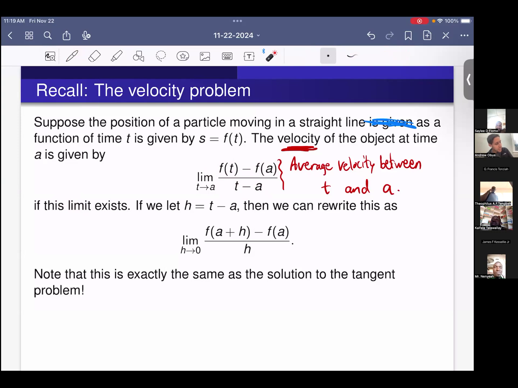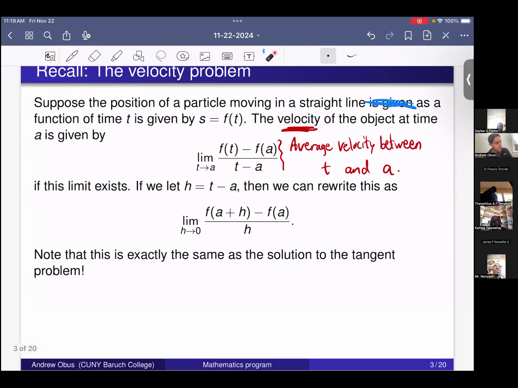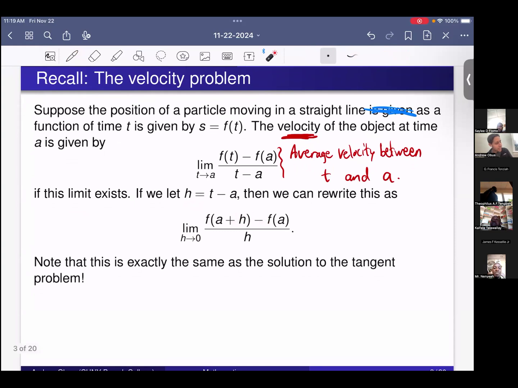So if this limit exists, we can do the same change of variables: if you let h be t minus a, then you can rewrite this as the limit as h goes to 0 of f of a plus h minus f of a over h. And we observe that this is exactly the same as the solution to the tangent problem, right?